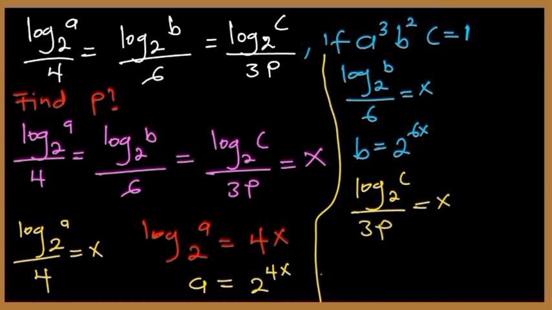So going through the same process, now my c becomes 2 to the power 3px. So now we have a here, we have b also here as our equation 2, then we have c as our equation 3.